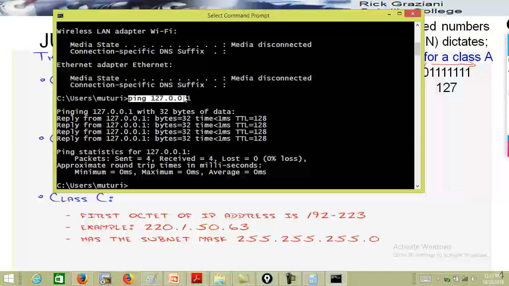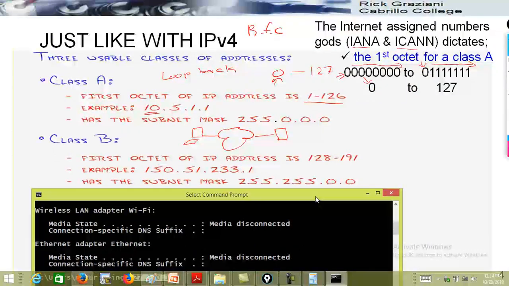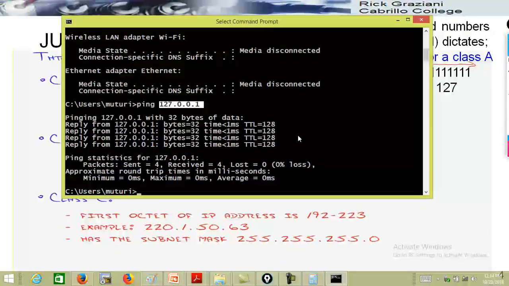So if I have viruses and they have corrupted my Windows, somehow, it's not understanding the OSI model, that computer cannot communicate on the network. So 127 is reserved for that purpose, to test the OSI model.